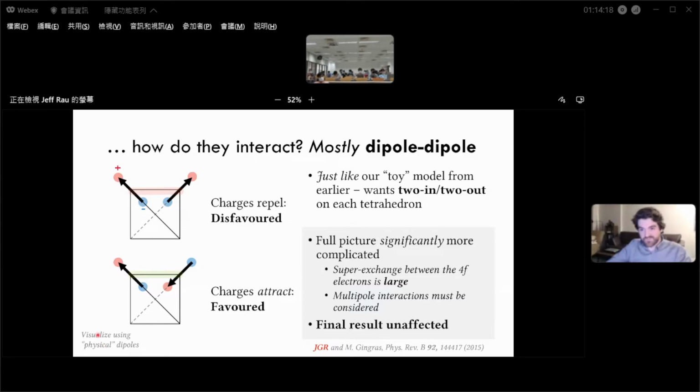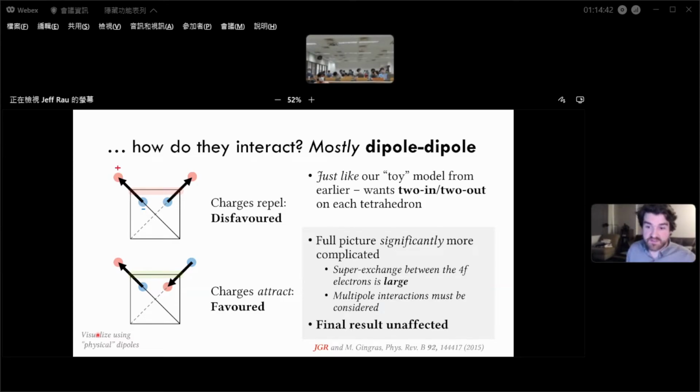For the Ising variables, it's antiferromagnetic. So the underlying physics is similar, but the details are quite a bit more complicated. One, dipole interactions are long range. They're not just nearest neighbor. They go like 1 over r cubed. Two, there's not just dipole interactions. There is also superexchange between these things. It's about half the size of the dipole interaction, so it's not insignificant.